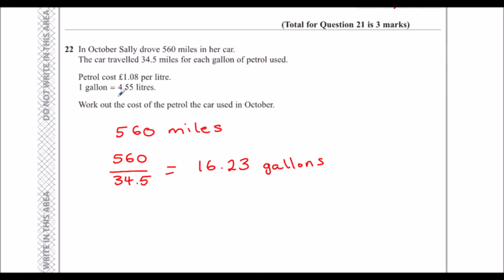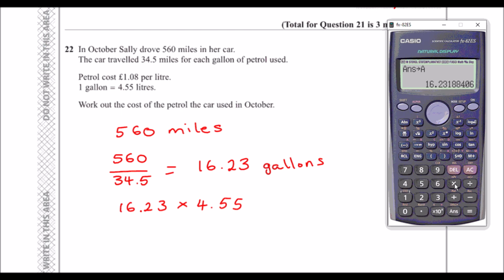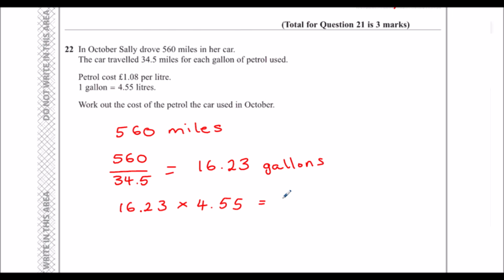Each gallon is 4.55 litres. So let's work out how many litres. So times the answer by 4.55. I didn't really need to store that because I'm using the ANS button. So I've got 73.85, or 73.86 to 2 decimal places, litres.